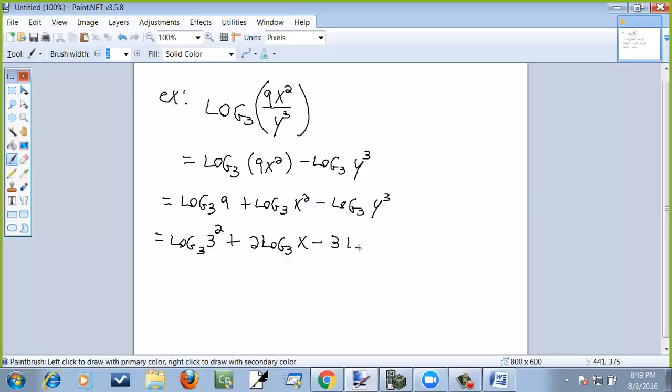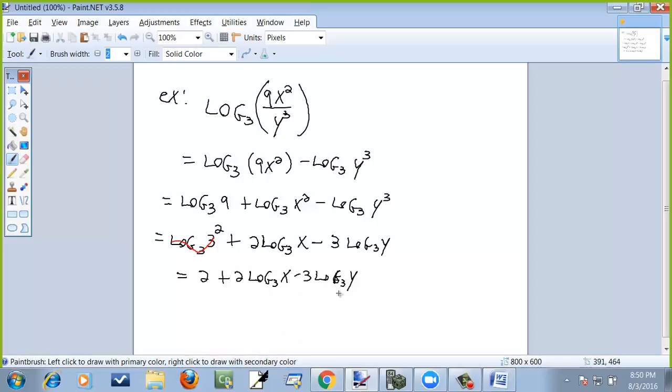So minus 3 log base 3 of y. Now notice here the 3's match, so the log and the 3 is going to cancel. And we're left with the exponent, which drops out of the exponent. So we've got 2 plus 2 log base 3 of x minus 3 log base 3 of y. And that would be our answer.